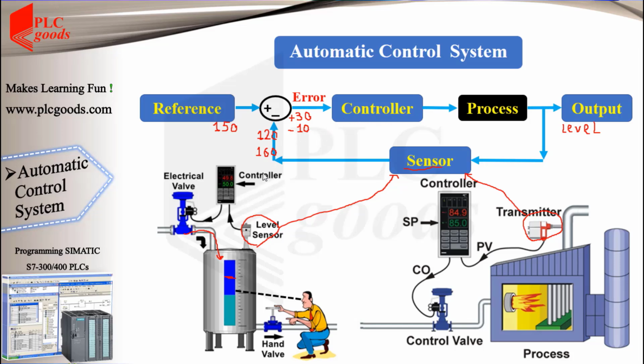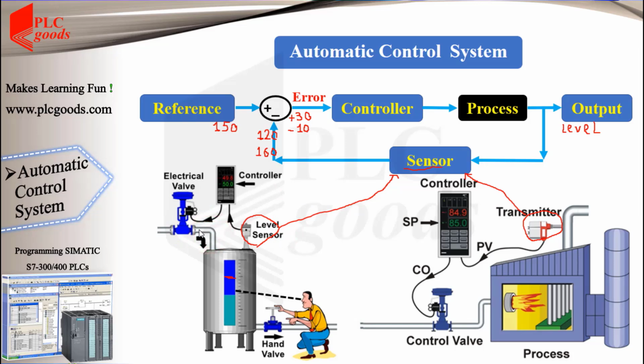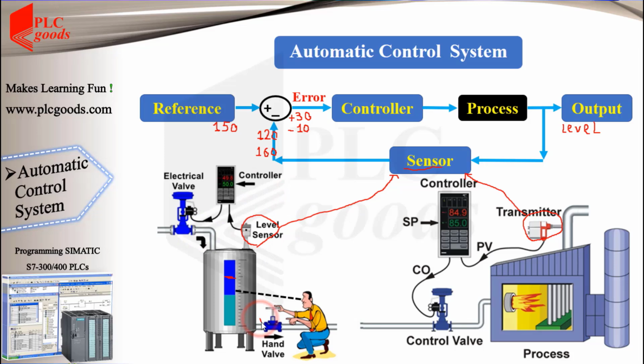In this case, the controller might close the inlet valve, or even open the outlet valve if the controller is connected to the outlet valve as well, to get the water level back to 150 centimeters. This is the way that an automatic control system functions to do the controlling job.